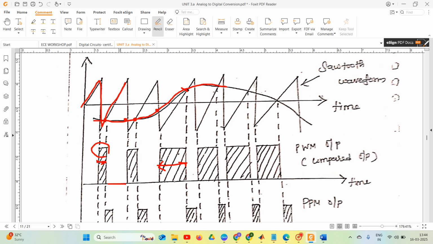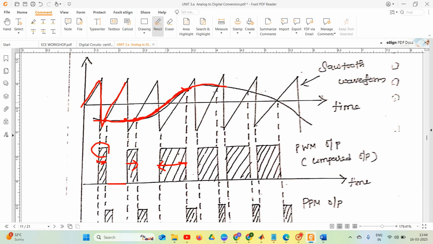As the amplitude of our modulating signal goes on increasing, my pulse width also increases. See here, this is the minimum value of the sinusoidal signal, the negative, so I'm getting a very minimum width of the PWM signal. As the amplitude goes on increasing, my pulse width is also increasing, right?